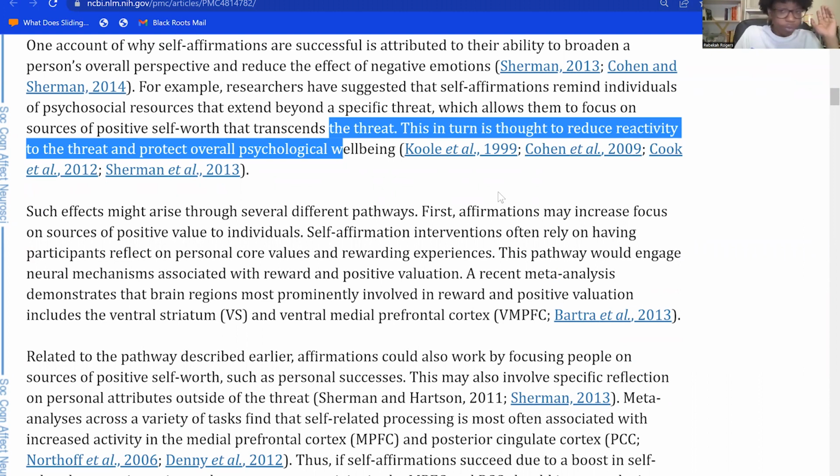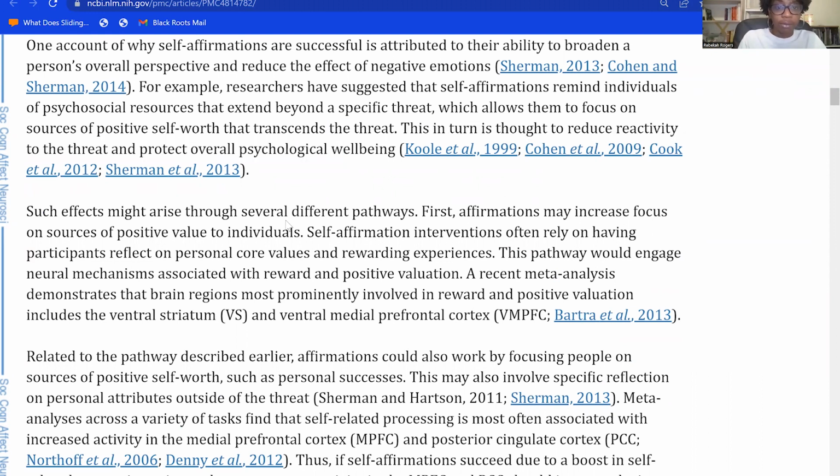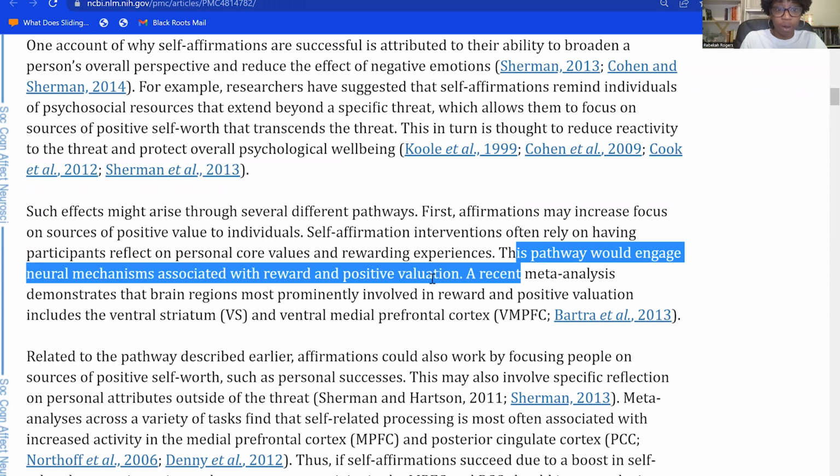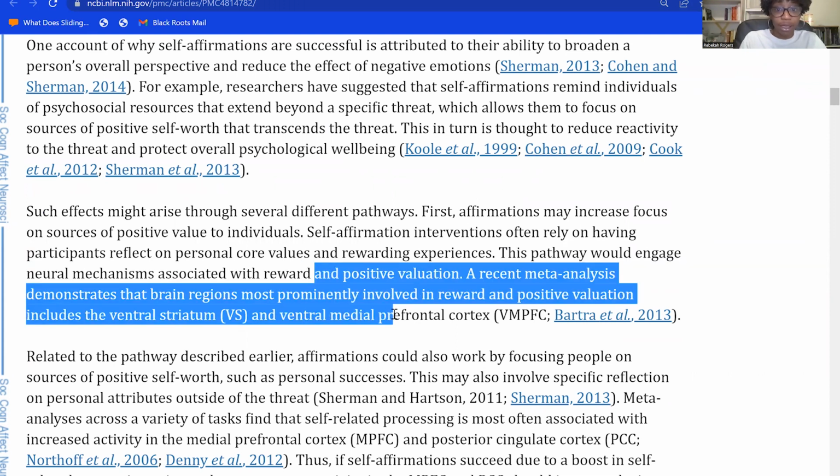I don't know. I don't need to read all of the other background articles. I'm just taking notes about all of the other articles that are referenced in this background information or in the introduction that may influence how the research was done itself. Such effects might arise through several different pathways. First, it makes increased self-affirmation. This pathway would engage brain regions. Okay.